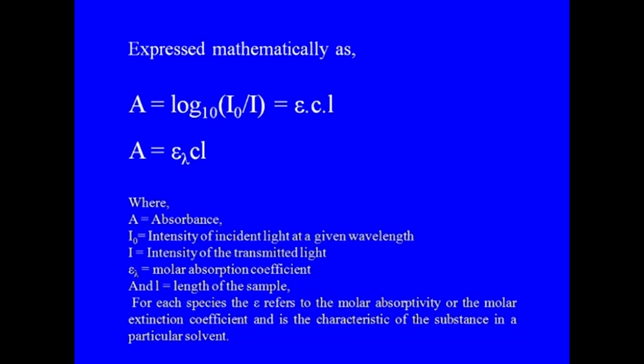If you express Beer's law mathematically, absorbance is proportional to, and is expressed in terms of, epsilon here, that is the molar absorption coefficient or molar extinction coefficient as we can call it, c the concentration, and L the path length here.